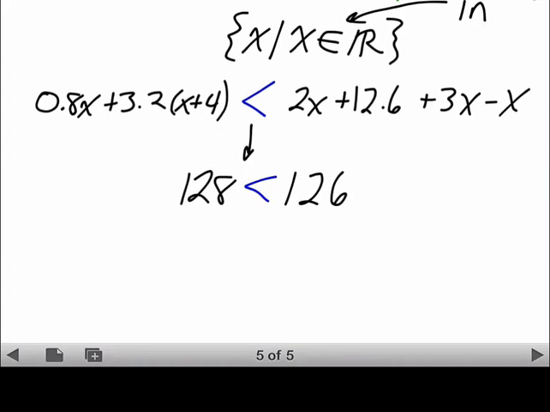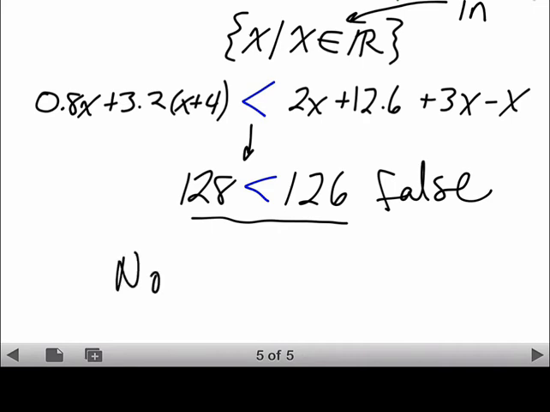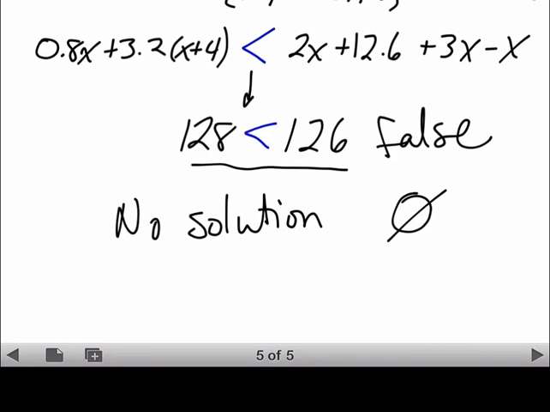Well, that's a false statement. Whenever we're solving an equation or an inequality, the variable drops out and we have a false statement, our answer is going to be no solution, which you can also express using the empty set. Interval notation doesn't so much apply in this case, and in fact, the empty set is all you would have to write to indicate this.